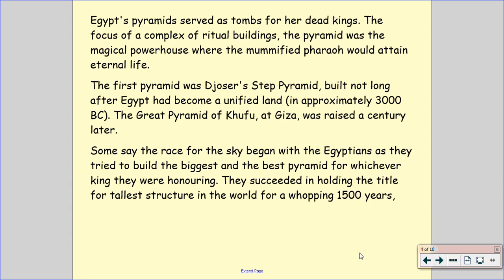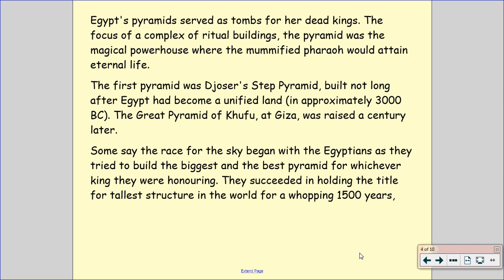Okay. So when we're thinking about the pyramids, we have to understand exactly what they were used for, and why they were built. So Egypt's pyramids served as tombs for her dead kings. So the focus of a complex of ritual buildings, the pyramid was the magical powerhouse where the mummified pharaoh would attain eternal life.